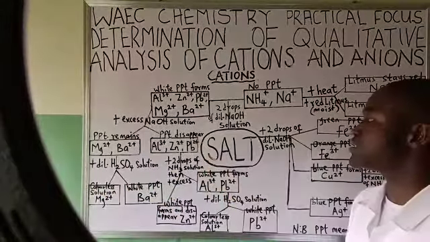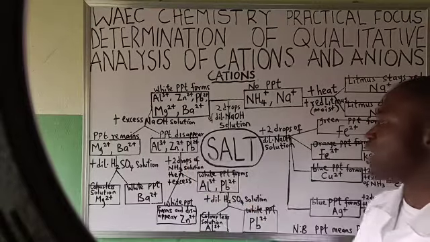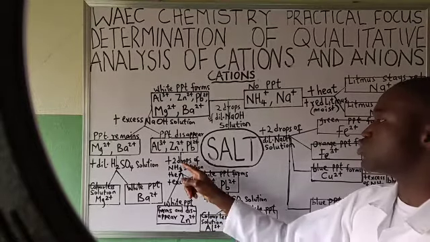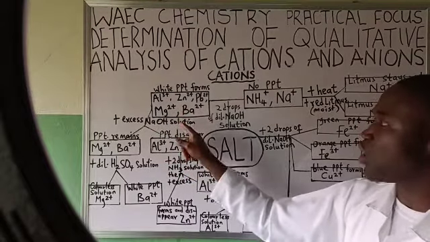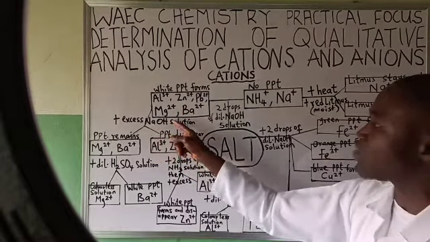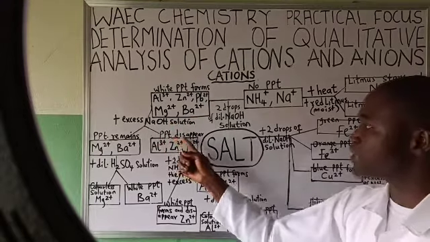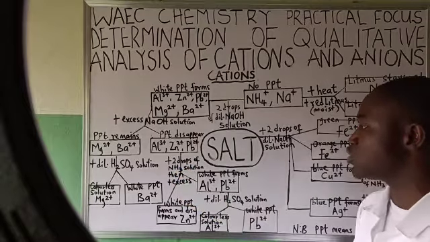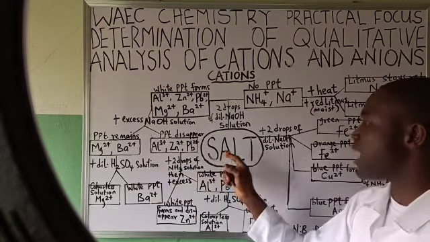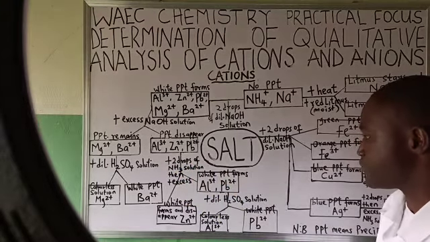Then we come to this. We have 3 cations to analyze plus 2. When you add this solution we have, which is excess sodium hydroxide with the salt, in which the precipitate disappears, when you add 2 drops of ammonia solution, something will happen.